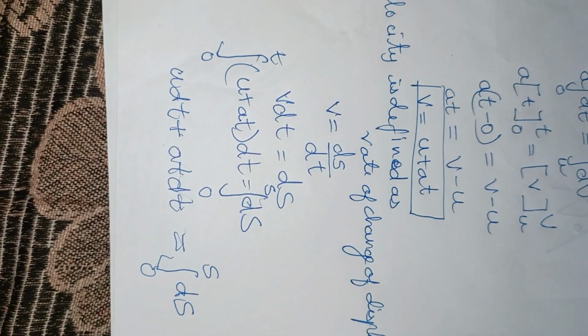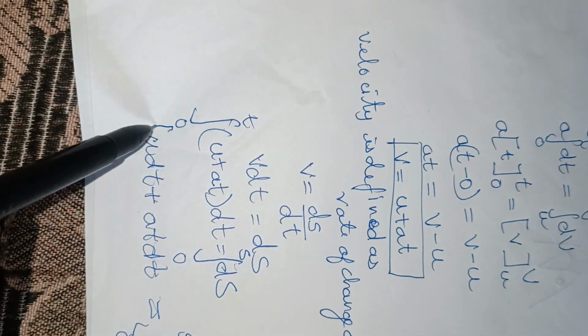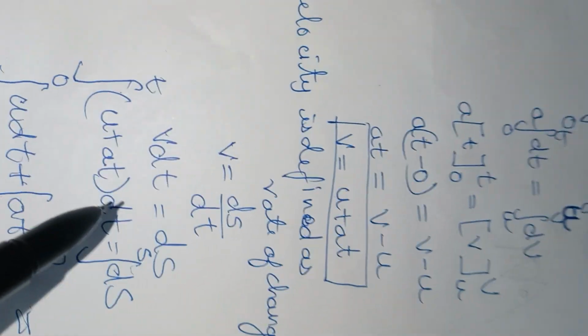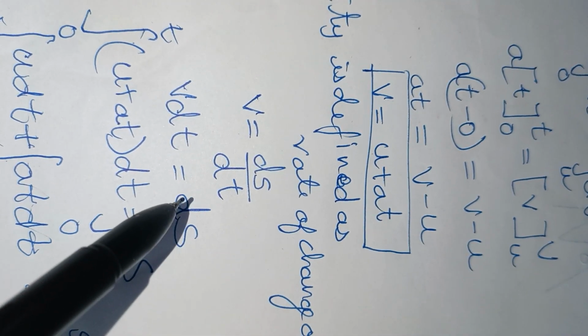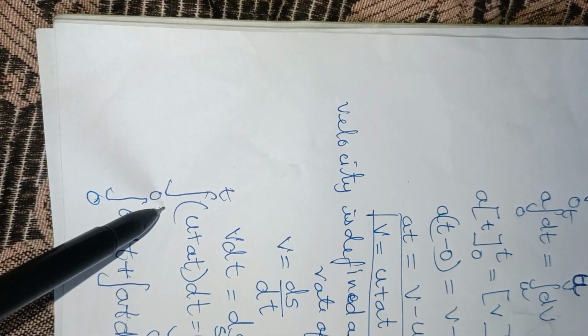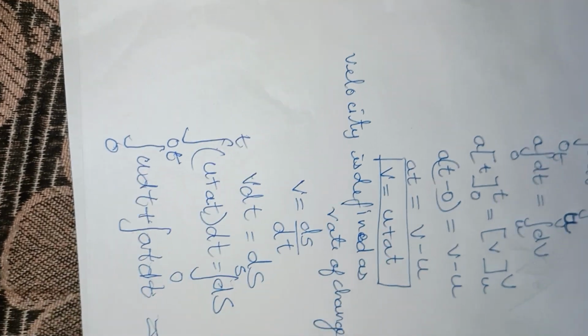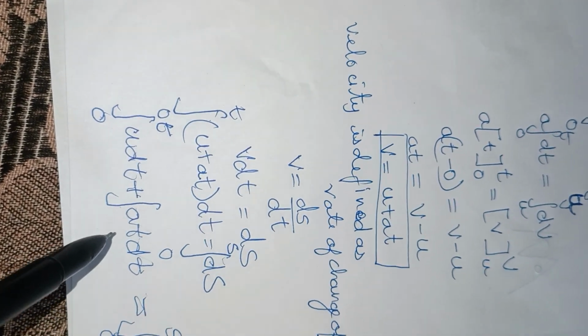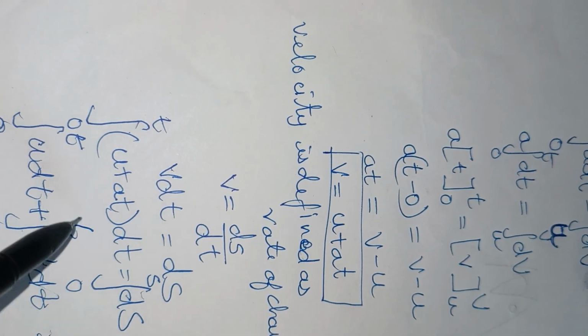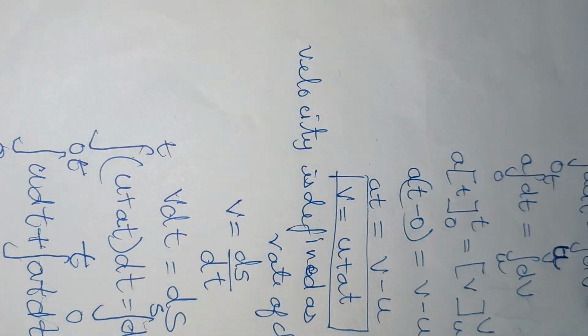I hope you will understand better by applying integration on both sides. For u dt the limits are from 0 to t, and for at dt also from 0 to t, followed by 0 to s for ds.